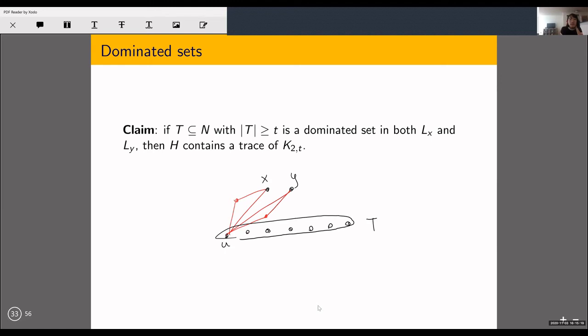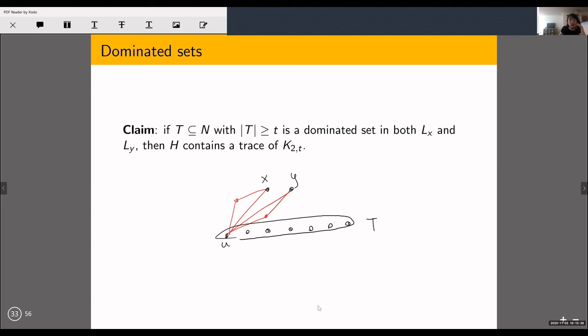And here's our claim. So if we have a set T, of size at least little t, which is dominated in both the link graph of X and the link graph of Y, then we claim that our original hypergraph must contain a trace of K_2,t. And okay, so let's see what's going on here.